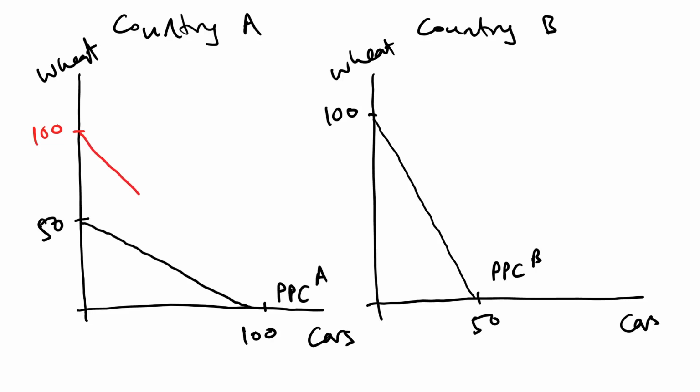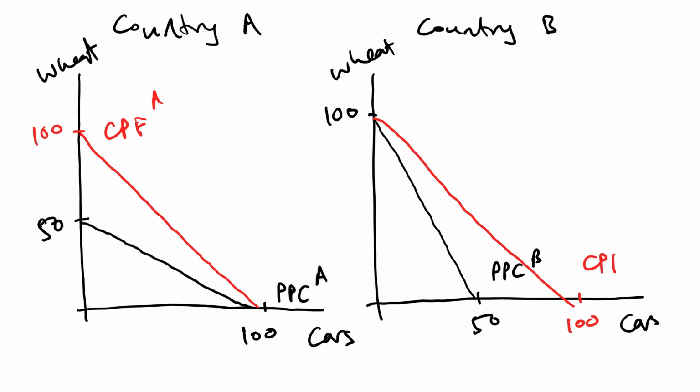So we'll call this CPF, which is the consumption possibilities frontier for country A. And we'll do the same thing for country B. So country B, if they wanted to, can export 100 tons of wheat and in exchange import 100 tons of cars. So that's the consumption possibilities frontier for country B, and anything in between.